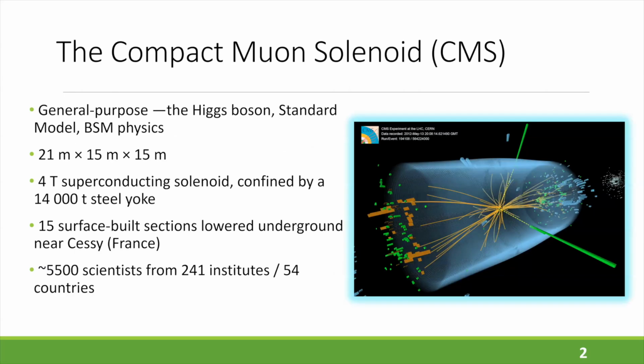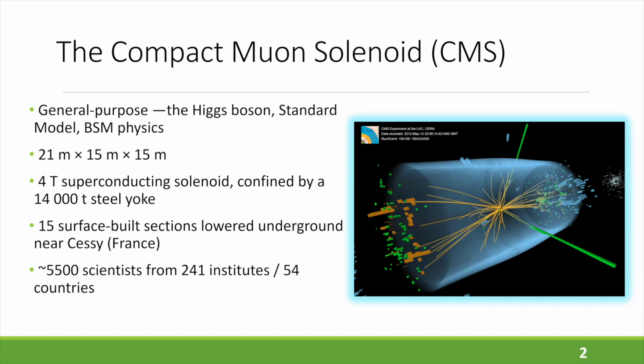What is CMS? It's the Compact Muon Solenoid. It is located at CERN, near Cessy in France. Its main goals are studying the Higgs boson, the standard model, and physics beyond the standard model.